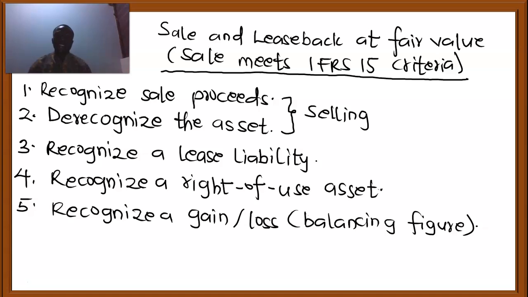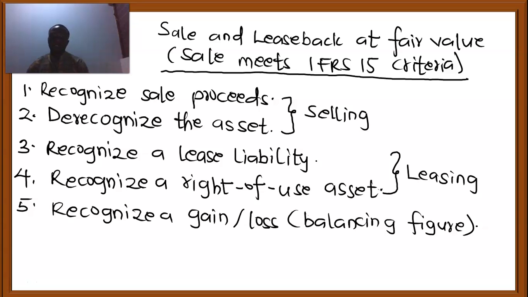Secondly, you derecognize the asset because you've sold it. Thirdly, you recognize a lease liability. Fourthly, you recognize a right of use asset. This aspect pertains to the lease. Then finally, you recognize a gain or loss as a balancing figure.